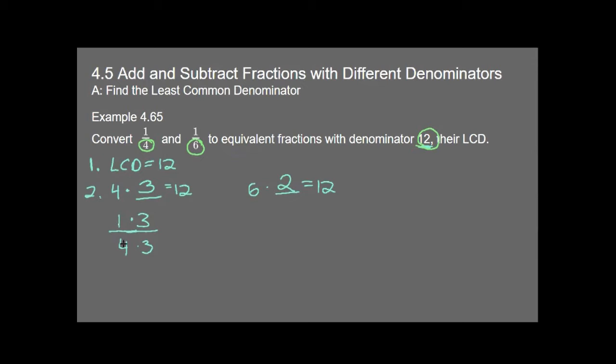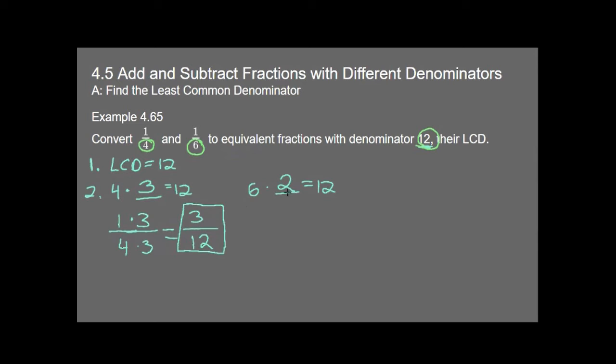Remember, 1/4 times the same thing on the top and the bottom is still equivalent to 1/4. So then I just multiply across. 1 times 3 is 3. 4 times 3 is 12. Okay, so now I have a fraction that is equivalent to 1/4 but has a denominator of 12.